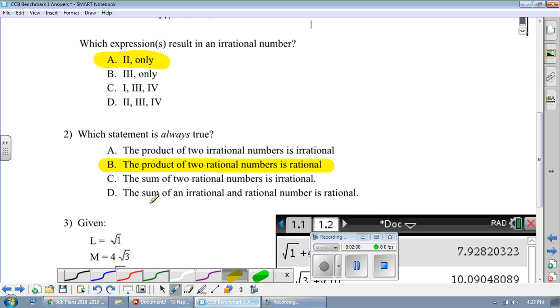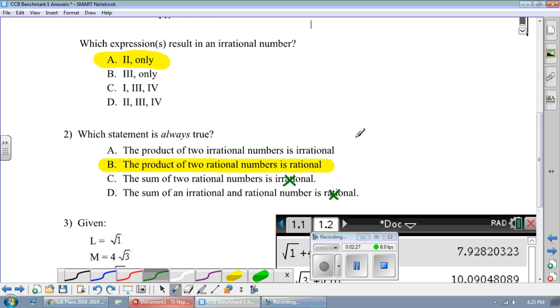Letter D is incorrect. When we add an irrational and a rational together, it's actually irrational, not rational. Letter C is not correct because if we add 2 rational numbers together, that is also a rational number, so that is incorrect.